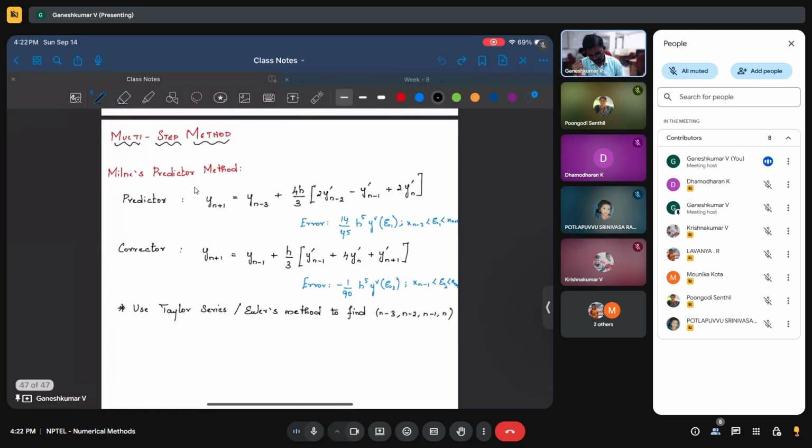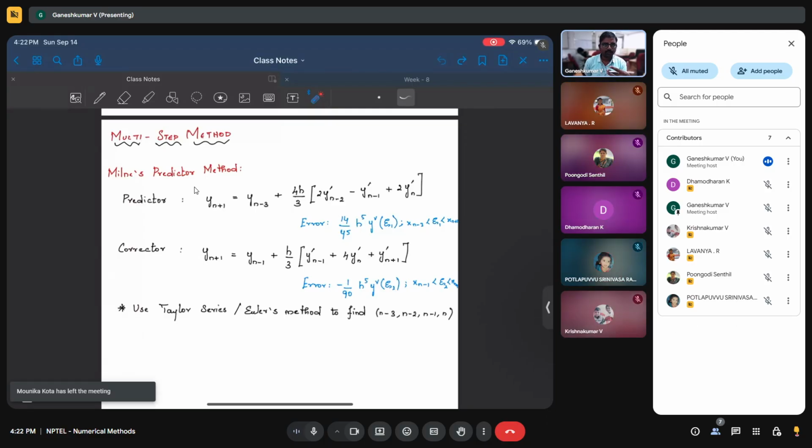All right, and finally we also saw multi-step methods, whereas till now we were using only one step. For example, to evaluate y at x naught plus h, we used only y at x naught. Now, if we want to find y at x naught plus h, we will use y at x naught minus h, x naught minus 2h, and also its derivatives if we want.